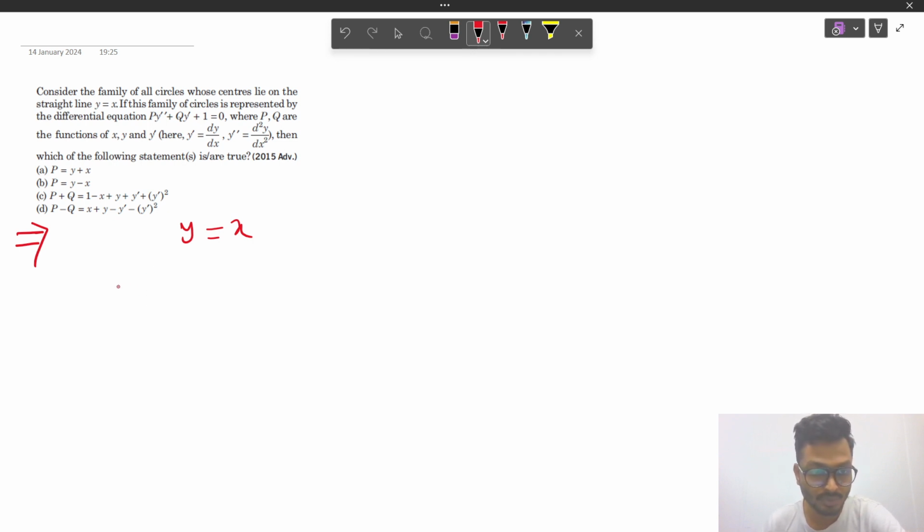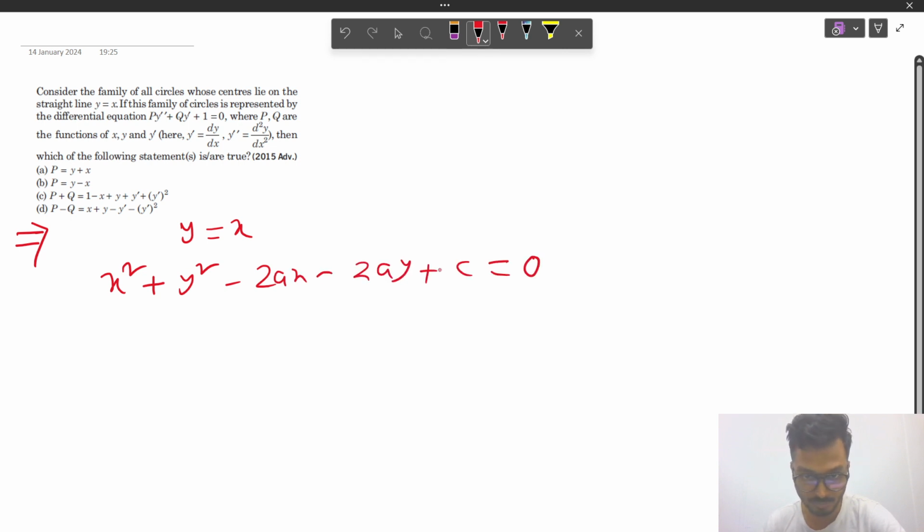So suppose we take the family of circles x square plus y square minus 2ax minus 2ay plus c equals 0. Why do we take this a and a the same? Because the center lies on that straight line.